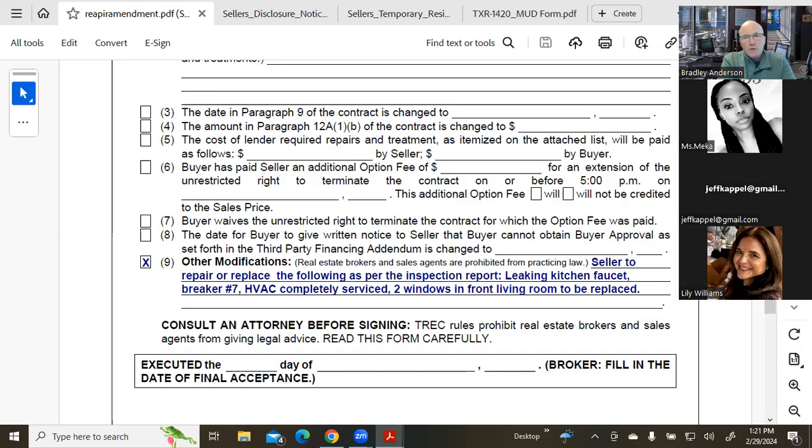So in the spirit of keeping with the normal flow of the option period, this is why the inspection has to be done on day one, day two at the latest, right?